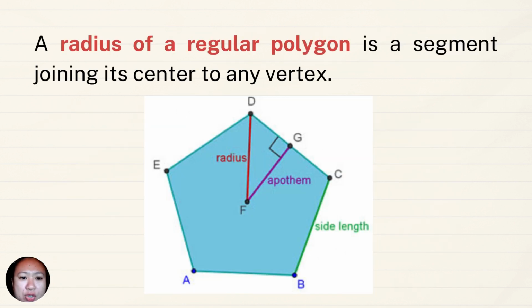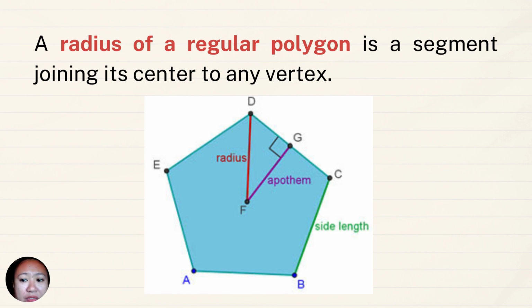A radius of a regular polygon is a segment joining its center to any vertex. As you can see in the illustration, line segment FD is an example of a radius of a regular polygon. We can also create another radius by connecting point F to any of the vertices.